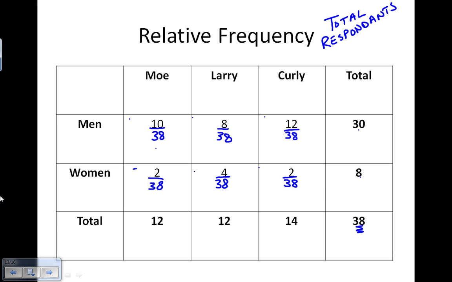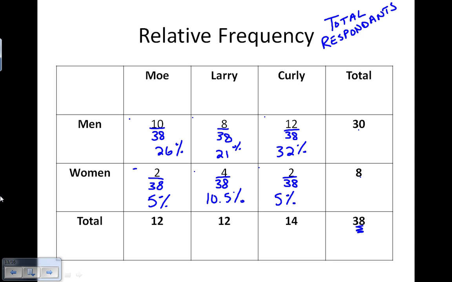So here we have roughly 26%, roughly 21%, 32%, 5%, 10.5%, and once again 5%, approximately. I'm just plugging these into a calculator to get these.